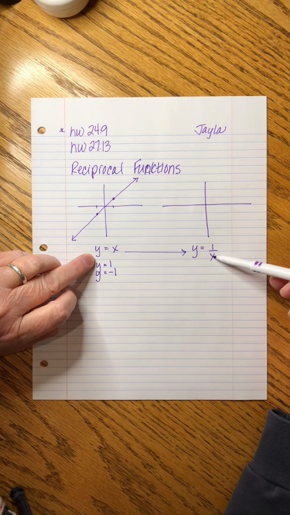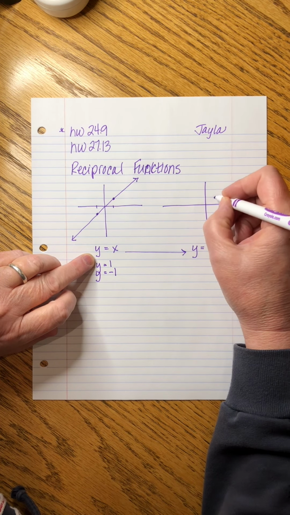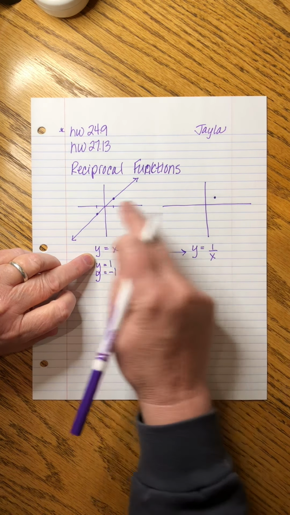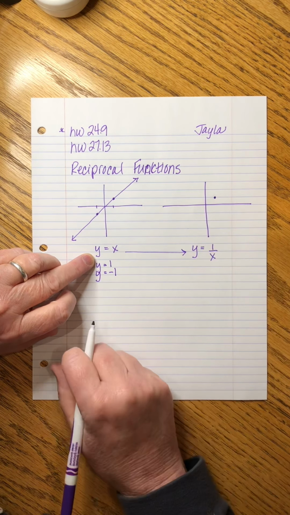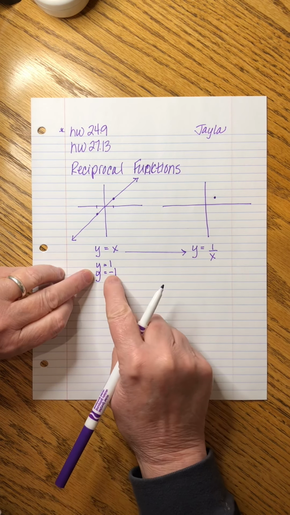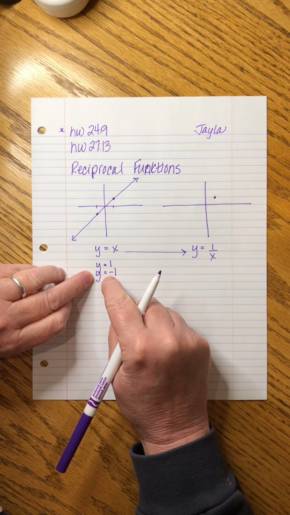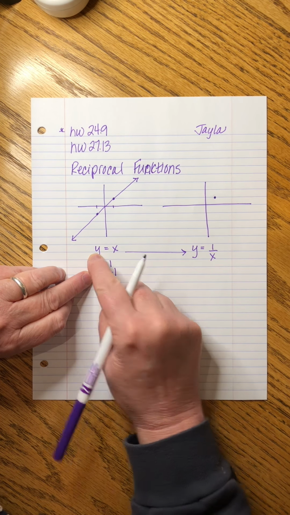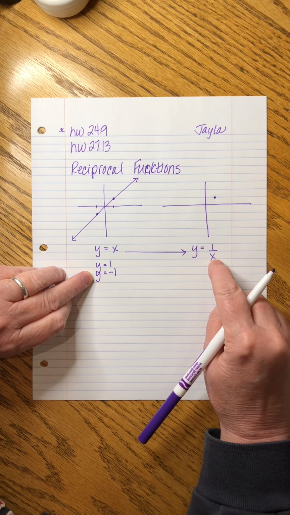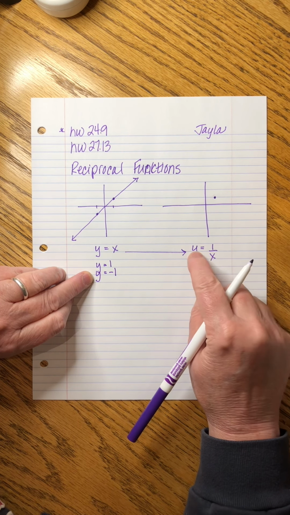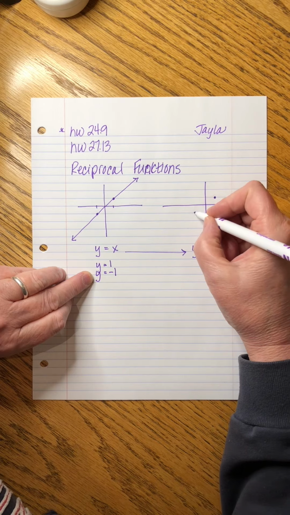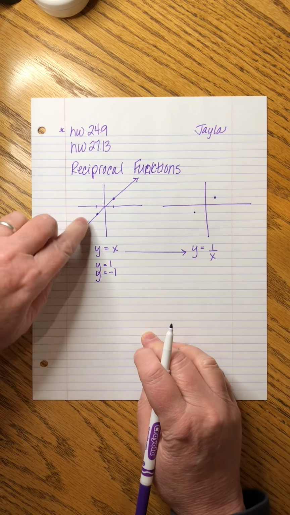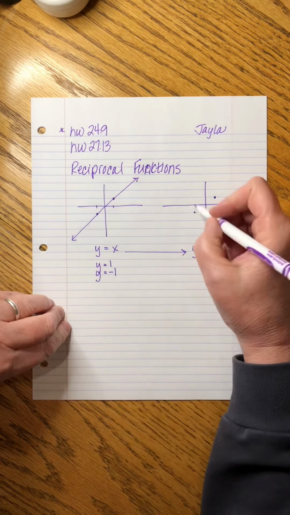But over here, when x is equal to 1, y is also equal to 1. So this point will always be the same. It'll always show up in both solutions. Same for -1. Over here, when x is equal to -1, y will also be equal to -1. Same thing here though. When x is equal to -1, y is also equal to -1. So these 2 points will show up in both of them.